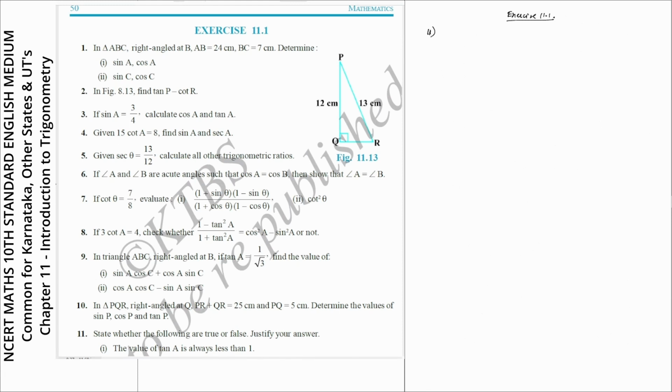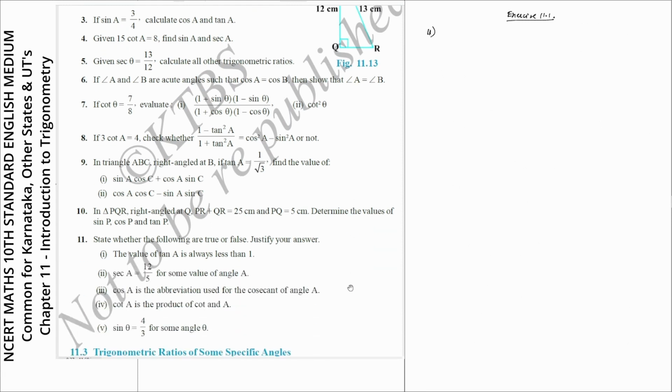Exercise 11.1, question number 11. State whether the following are true or false. Justify your answer. First question, the value of tan A is always less than 1. Now consider this triangle ABC. Now tan A is given by BC by AB.